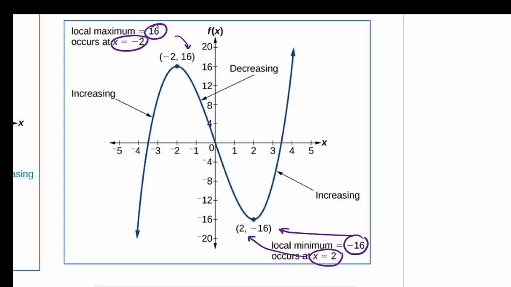Now, how do we describe these intervals of increase? We will be looking at this interval going from left to right, and we will describe it in terms of x. Intervals will be described in terms of x, and you will see that in our examples. So our increasing and decreasing intervals are going to be described in terms of x.